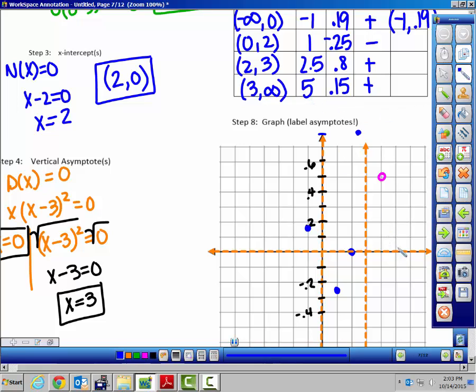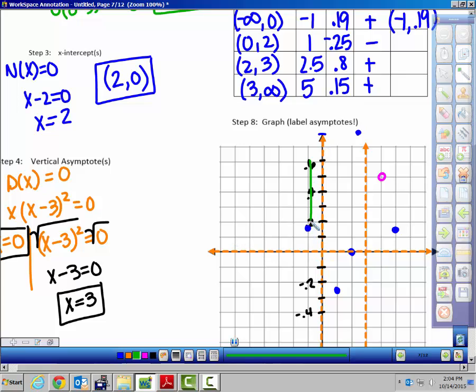And then at 5, I didn't use 5 because 4 was a hole. So make sure you don't choose the next value that you already have for the hole. So I went to 5, and it was at 0.15. So then you can go ahead and draw those curves of your graph. So you can see we have a point in this corner created by the asymptote. So my curve will be guided by the asymptotes for that end behavior of that curve.